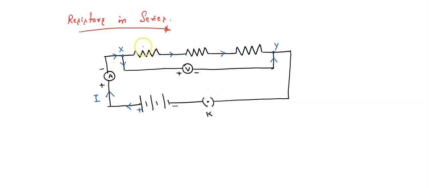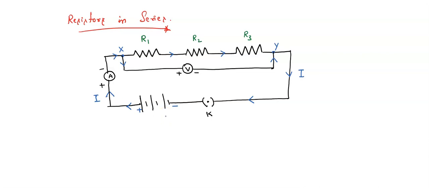Again here we can see we have resistors, right? So I will call this resistor R1 and this is my R2 and this is my R3. R1, R2, R3. Then again the current will flow in this direction outside. So now you can see it is coming out in this direction. So this is the circuit diagram when the resistors are connected in series.